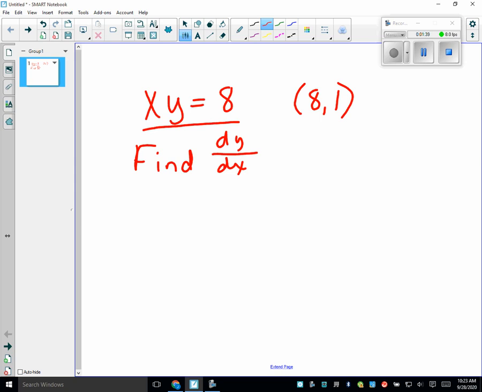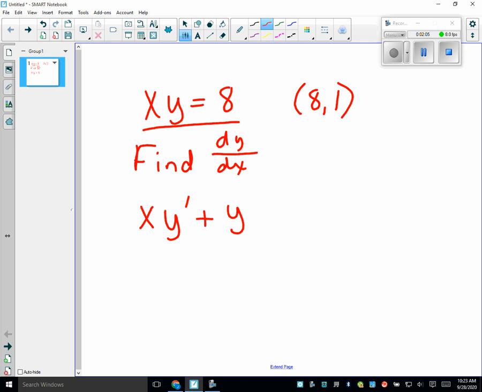Yes. So what's the product rule? The first times the derivative of the second plus the second times the derivative of the first. What's the derivative of x?